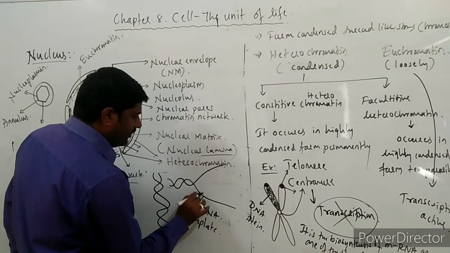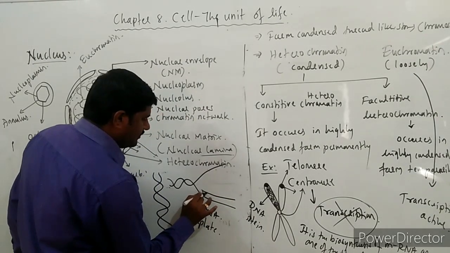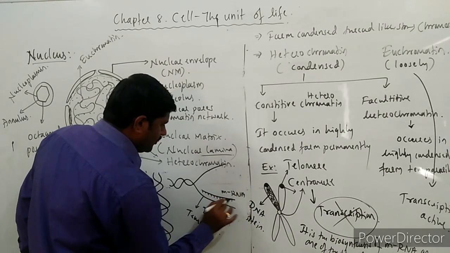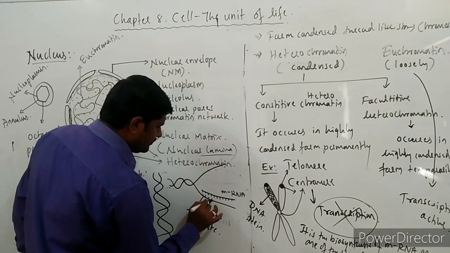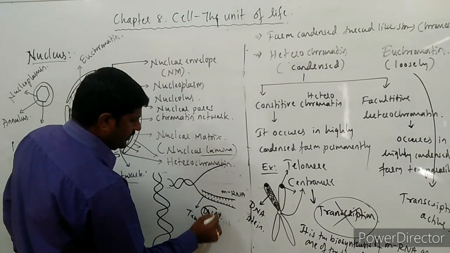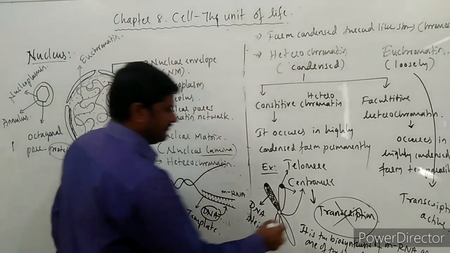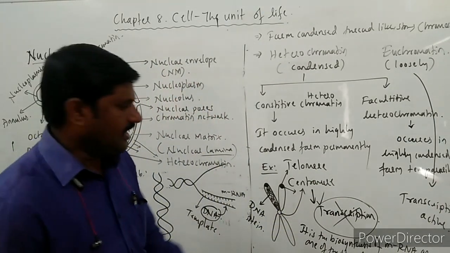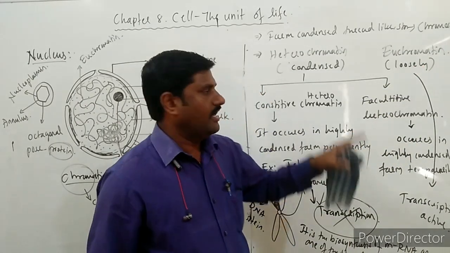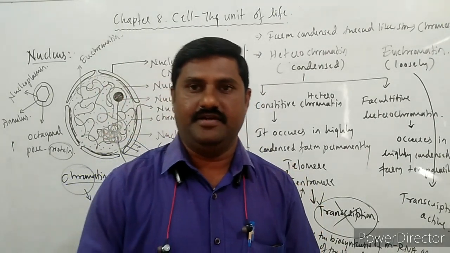This is DNA, on which the synthesis of mRNA takes place. See here, this is mRNA, which is synthesized on this DNA. This process itself is called transcription. Transcription takes place in the loosely arranged chromatin network, and it does not take place in heterochromatin. This point is to be noted over here itself, right?